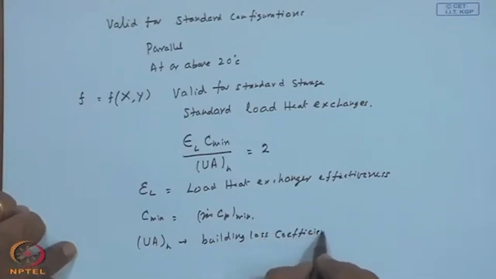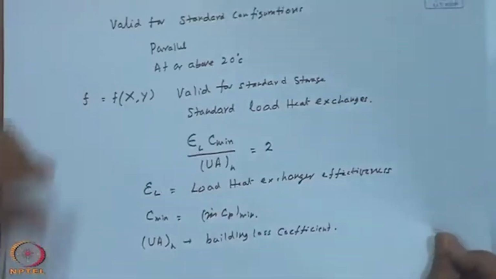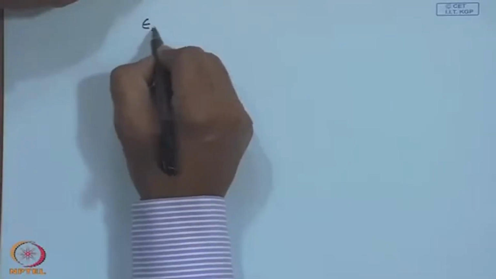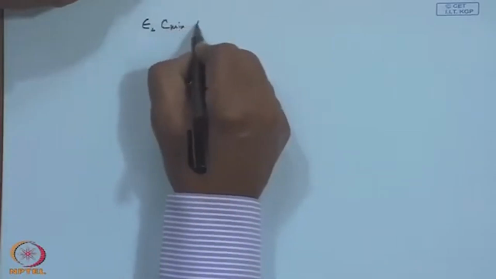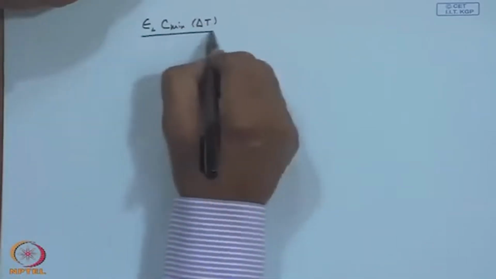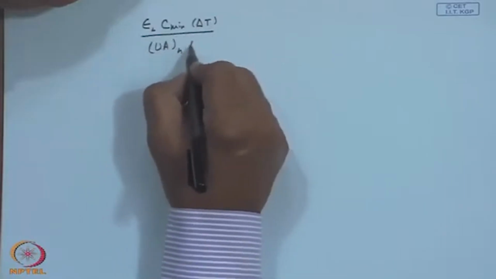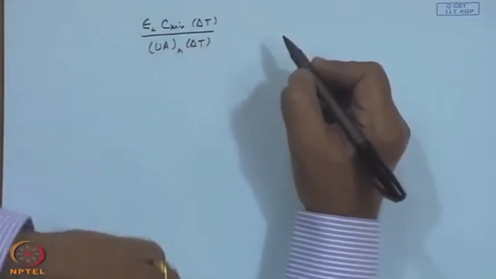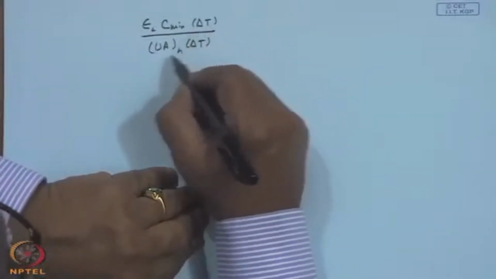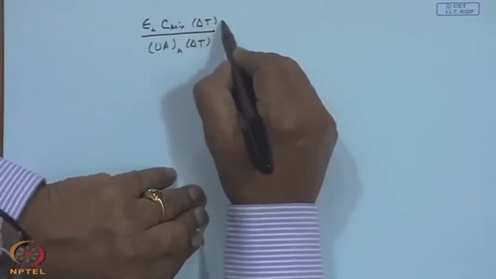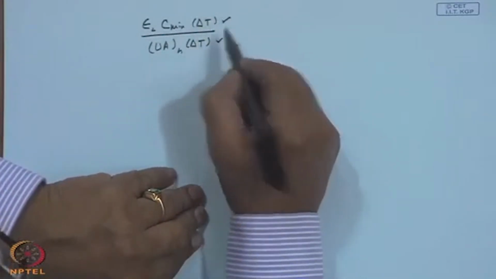Obviously, this is non-dimensional. There is an easy way of looking at these things. First of all, if I put epsilon L C minimum times some delta T by U A H times some delta T, note that the delta T relevant for calculating the space heating load is not the same as the delta T across the heat exchanger, but dimensionally one can draw some comfort that this is the ratio of the capability of the heat exchanger to transfer a certain amount of heat to the amount of heat that needs to be transferred.